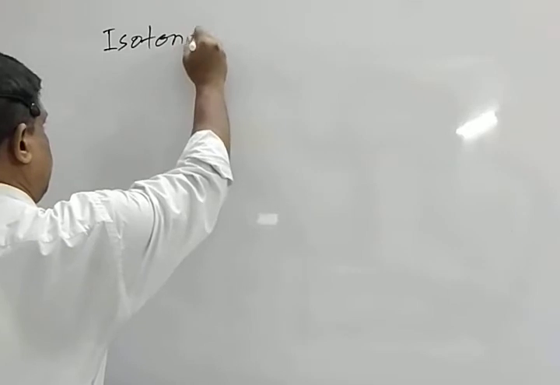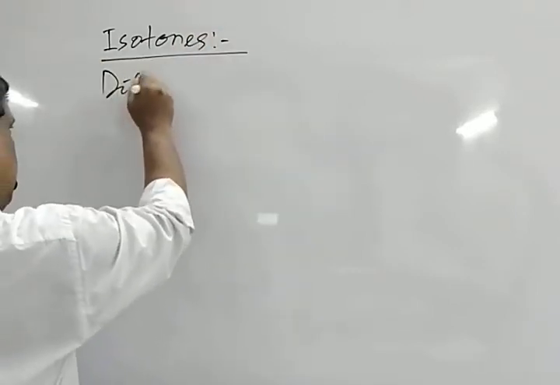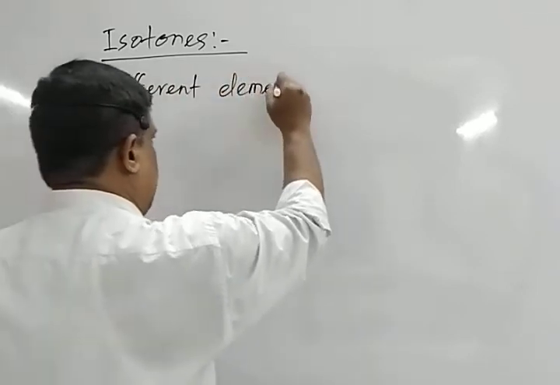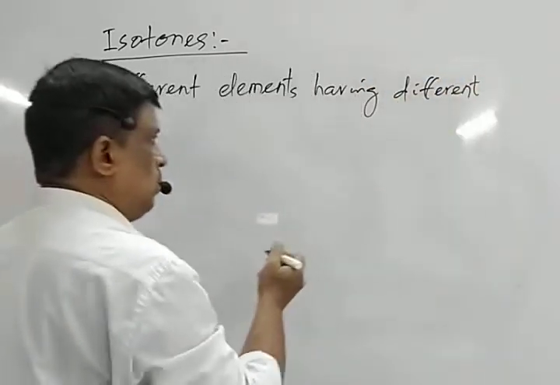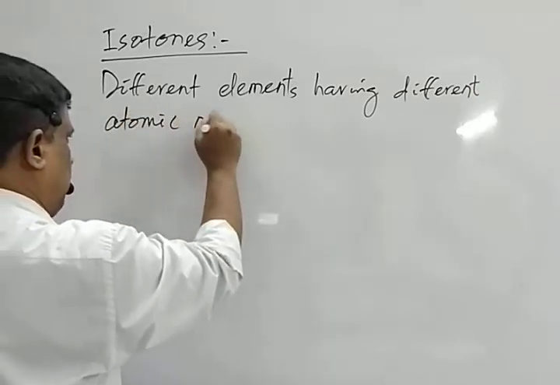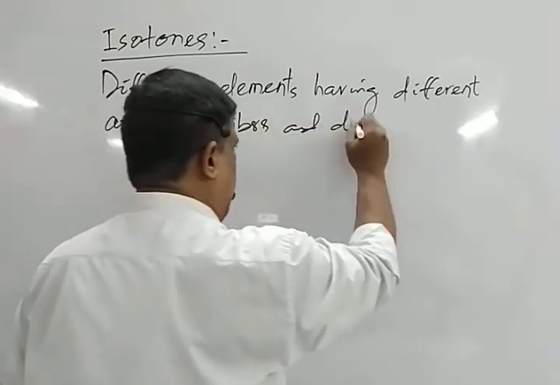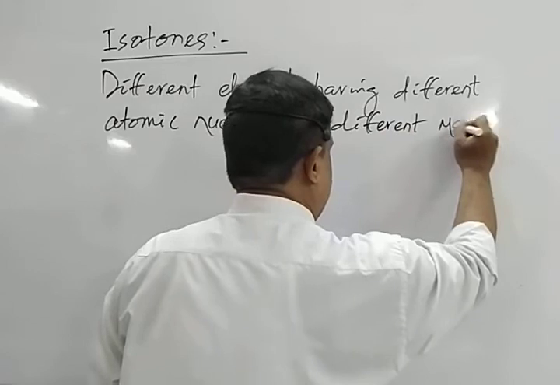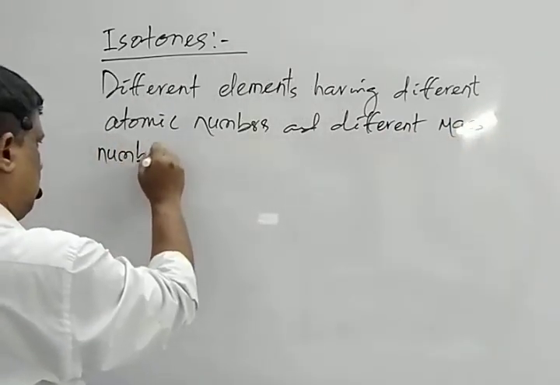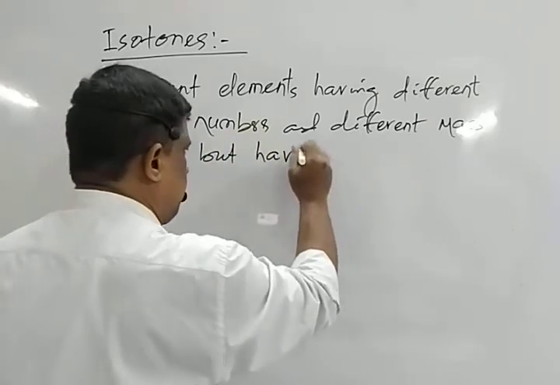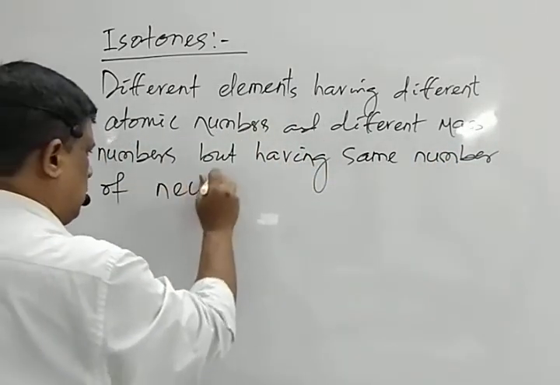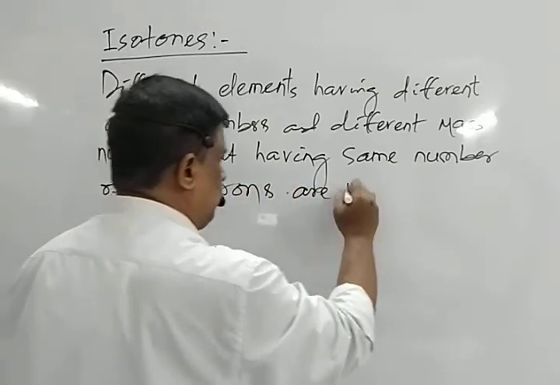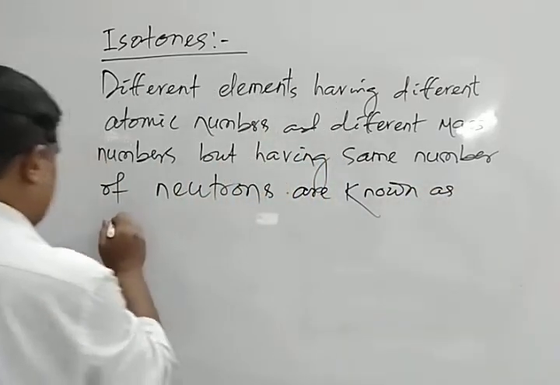Mark that. What do we mean by isotone? That is, different elements having different atomic number and different mass number, but having the same number of neutrons, are known as isotones.